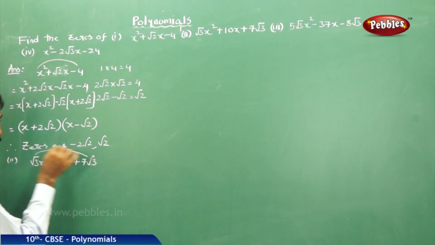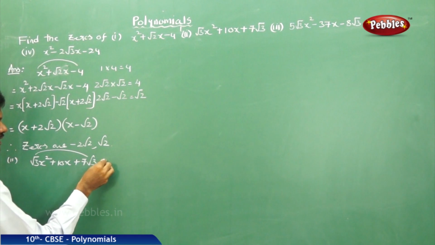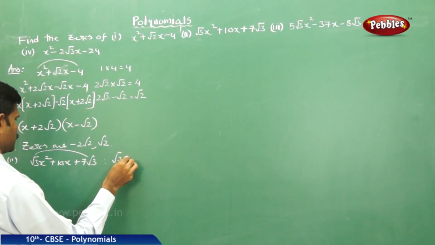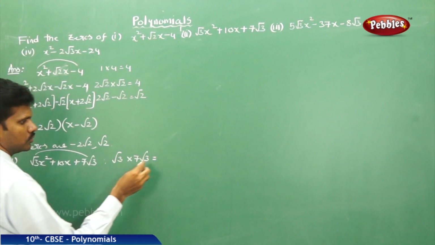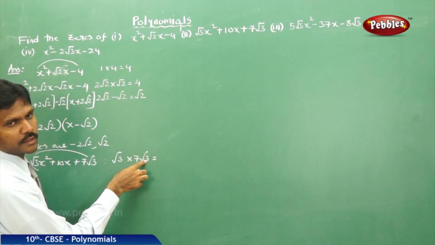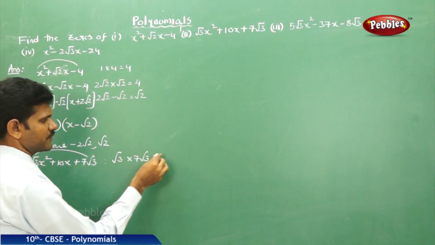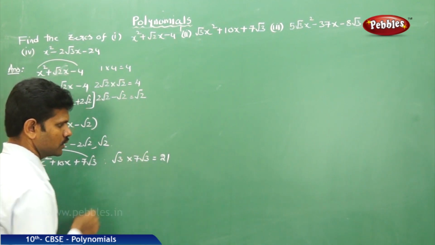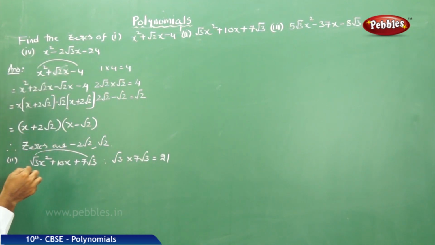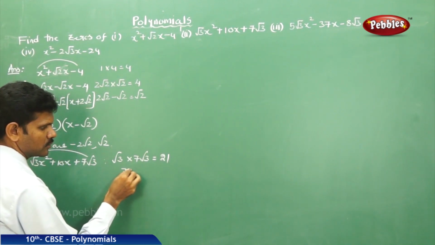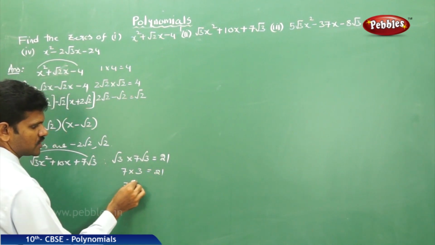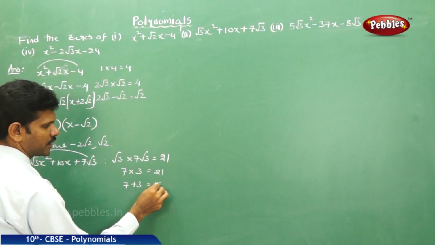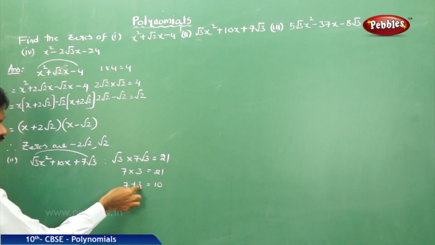Now give the mapping, that is root 3 into 7 root 3, that is equal to root 3 into root 3, you know very well, 3, that is 7 3's are 21. For 21 you have to find out the factors. Addition will give you 10. Therefore the factors are 7 3's are 21, 7 plus 3 is equal to 10. Now your factors are 7 and 3.